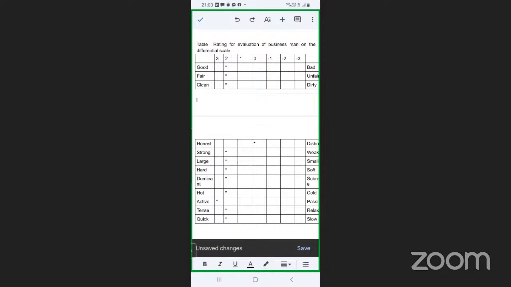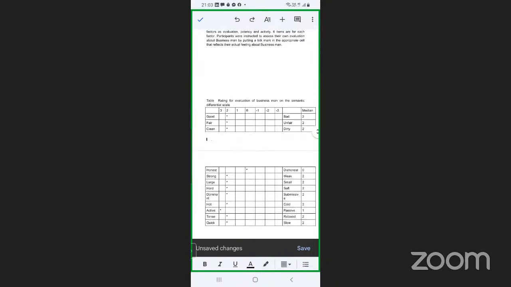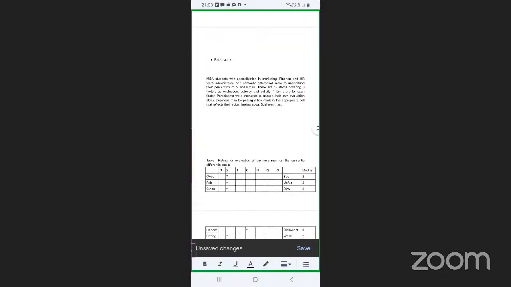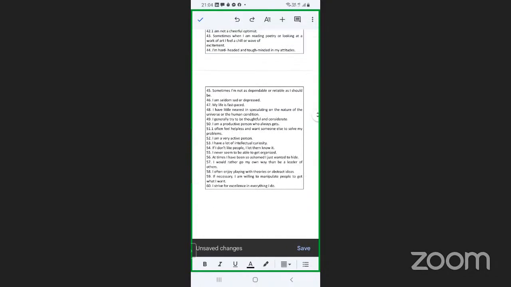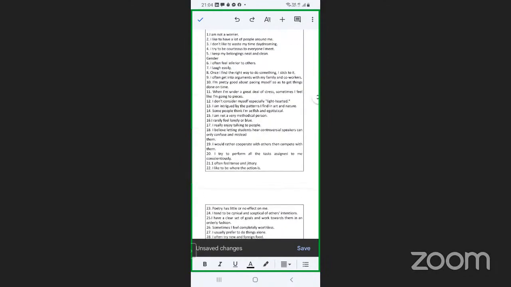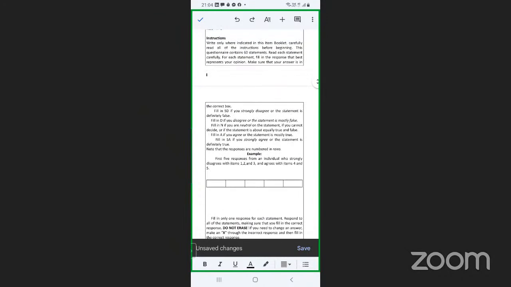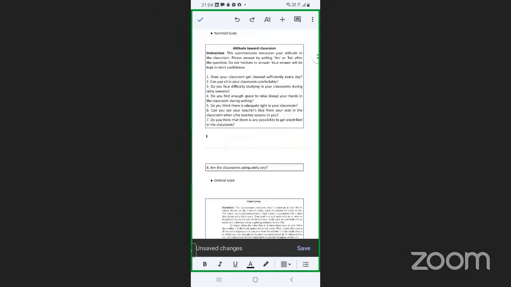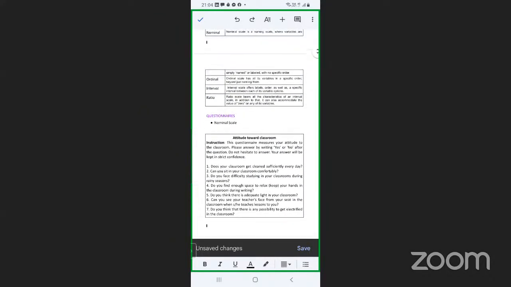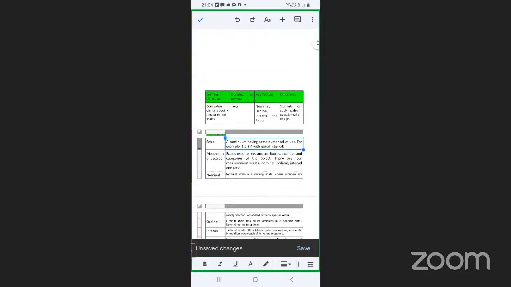But this is not important here. Our purpose is to give you the knowledge about the measurement scales and how we can use different measurement scales in our research.